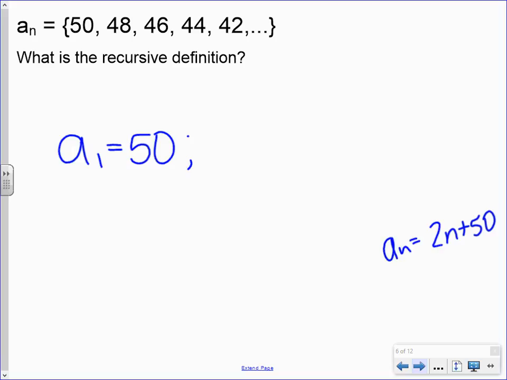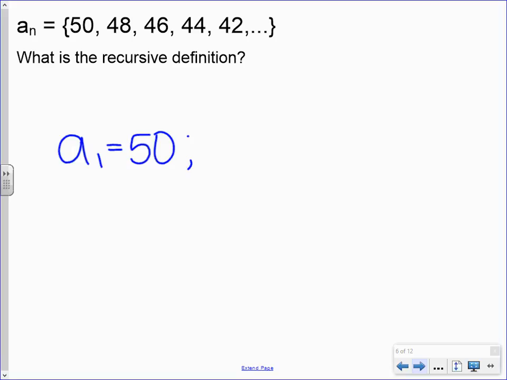I like where you're going with this, but the problem is this is still explicit, and we want recursive. So let's think back to what recursive is. Remember, recursive was that funny notation where we had like the a sub n equals another term, right? Let's think about what recursive looks like. What is happening from term to term?